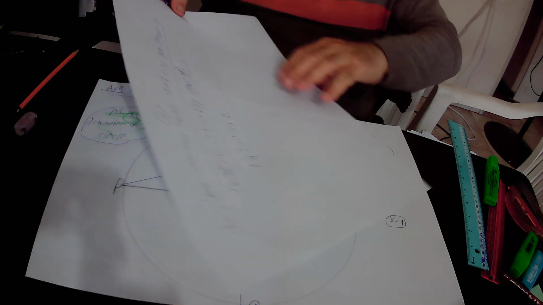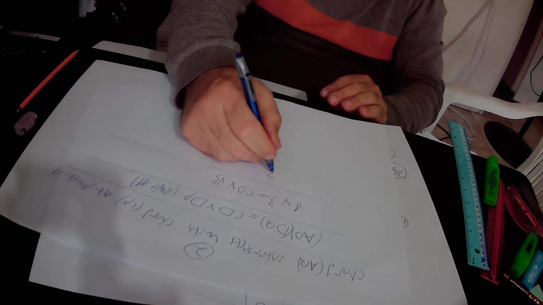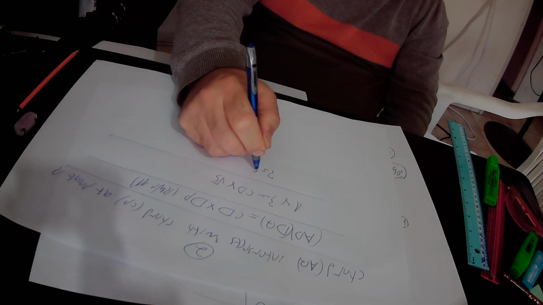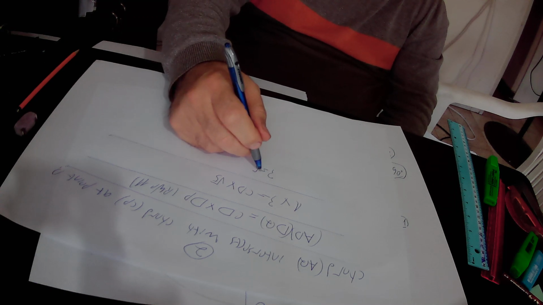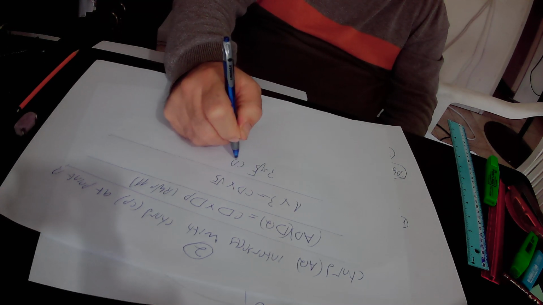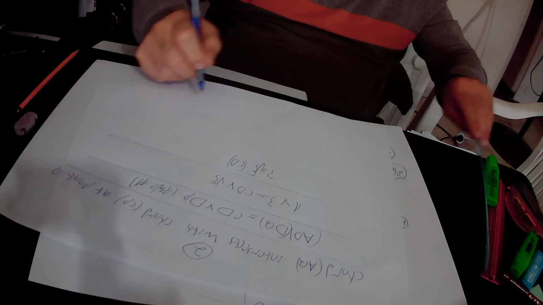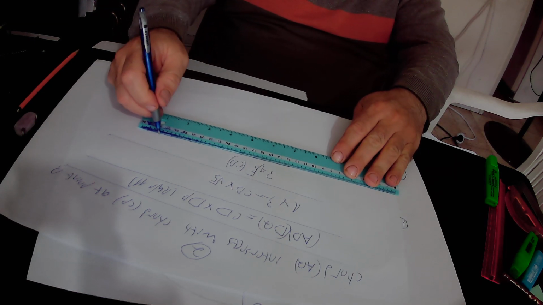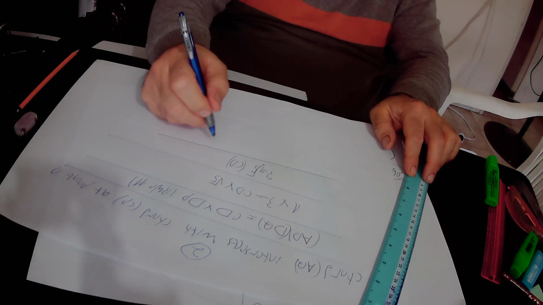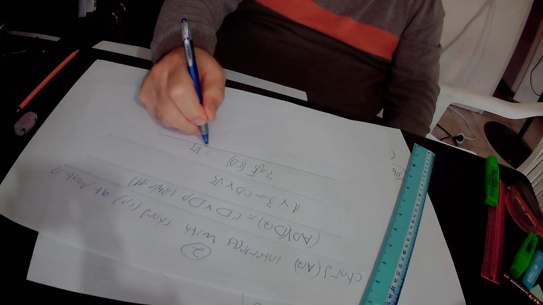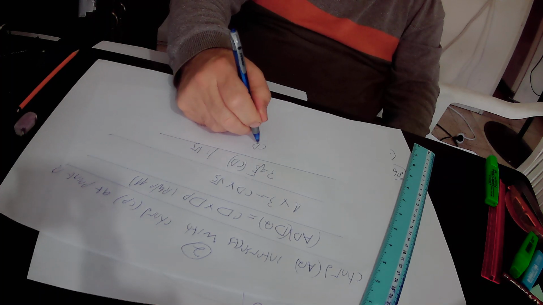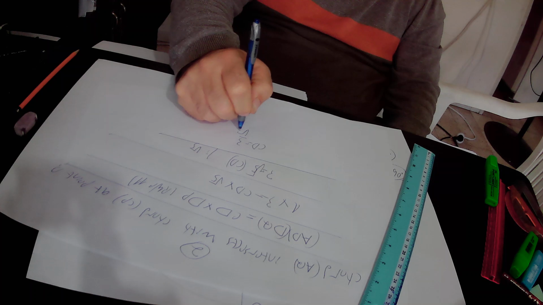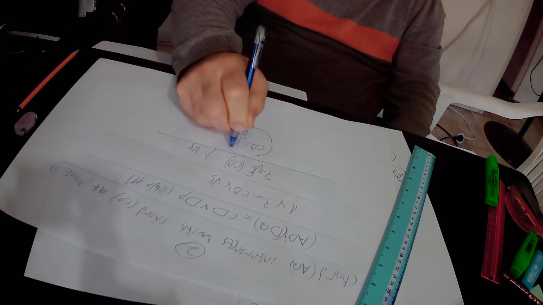1 times 3 is 3, so 3 equals the square root of 5 times CD. Here we divide this equation by the square root of 5, and you get that CD equals 3 over the square root of 5 units in its length.